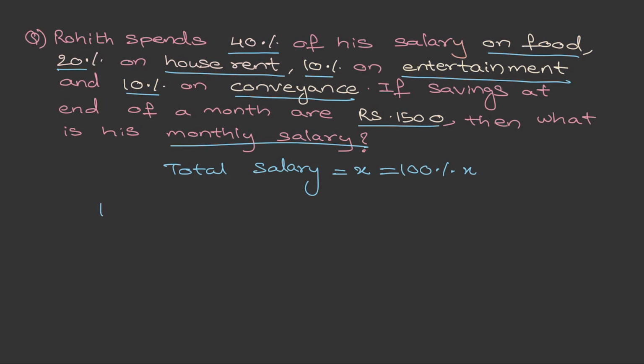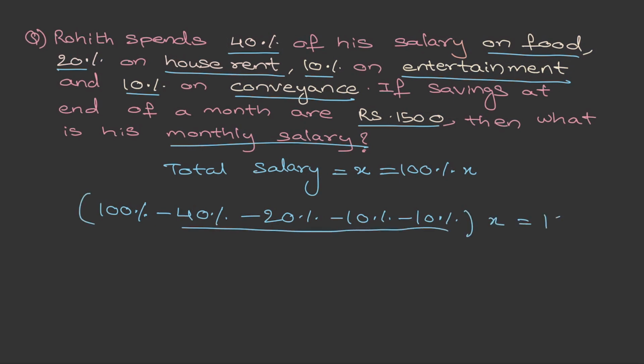So out of this 100%, he has spent 40% on food and 20% on house rent and 10% on entertainment and another 10% on conveyance. So after spending this much, he is left with 1500.